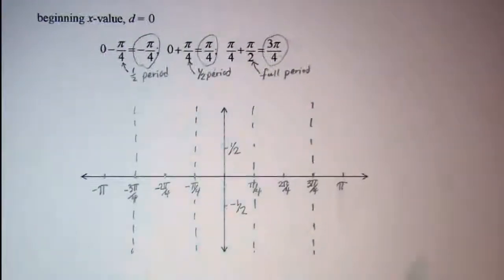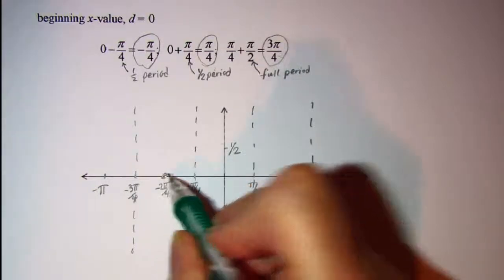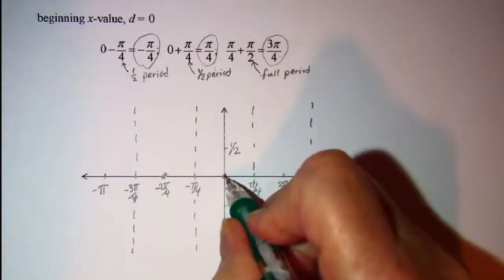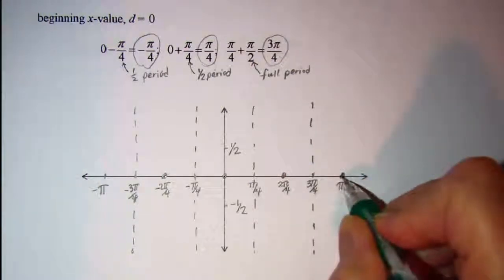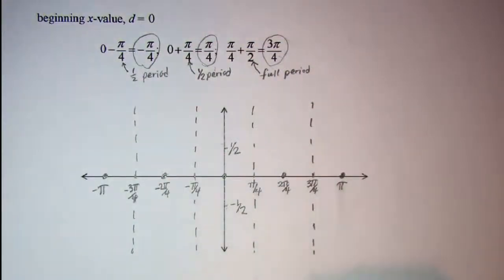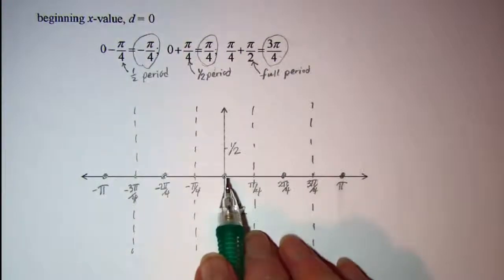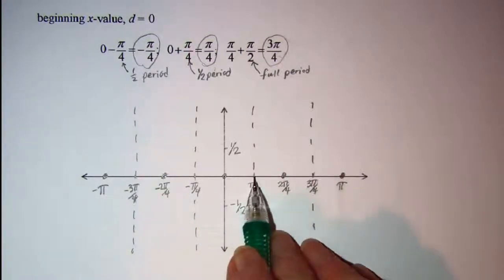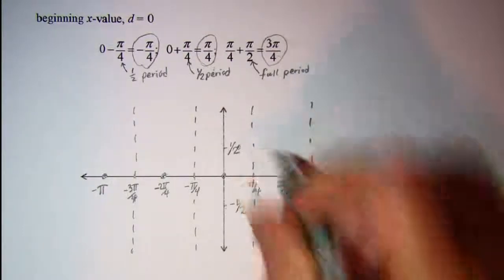Then halfway between my asymptotes, I need a 0. So I have a 0 at these points. And then halfway between my 0 and my asymptote, I have a point at the A value right here.